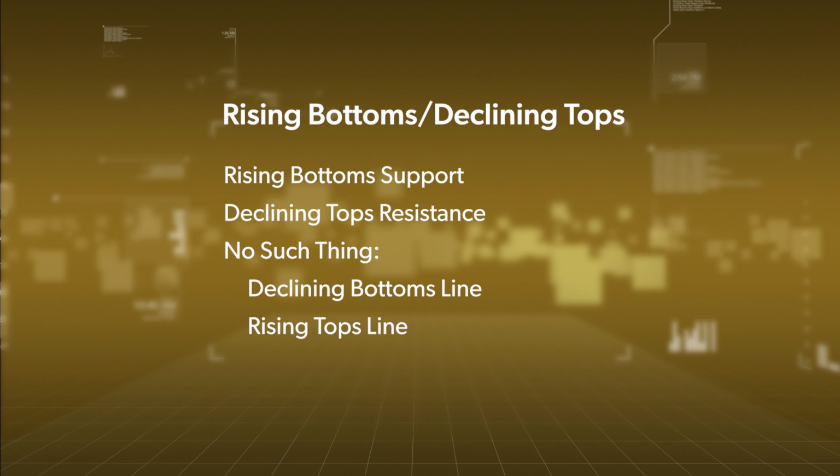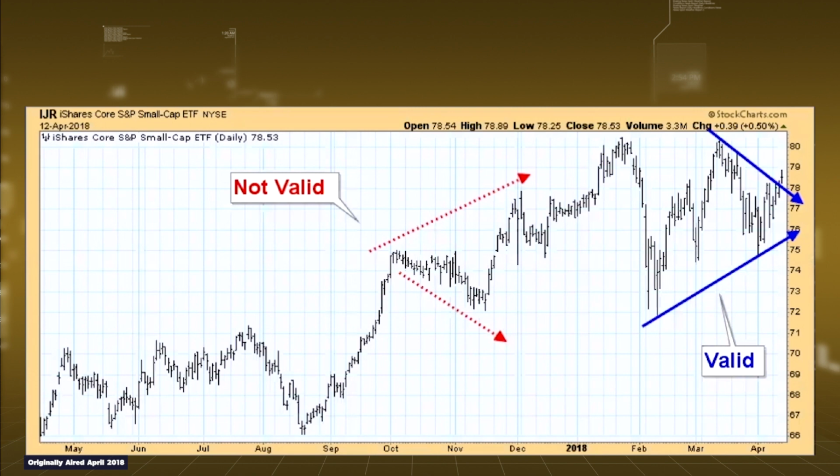And there's really no such thing as a declining bottoms line, and there's really no such thing as a rising tops line. If you look at this, it should make sense. We want to see rising bottoms, so that's the test line, right? That's the support line. So what's important is that it holds as support. You don't want to see anything break down below that.